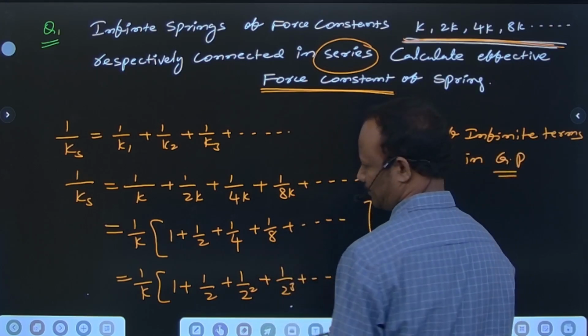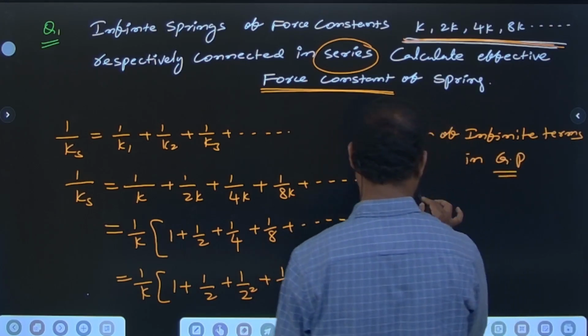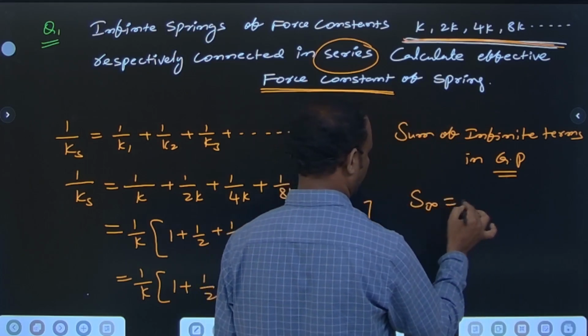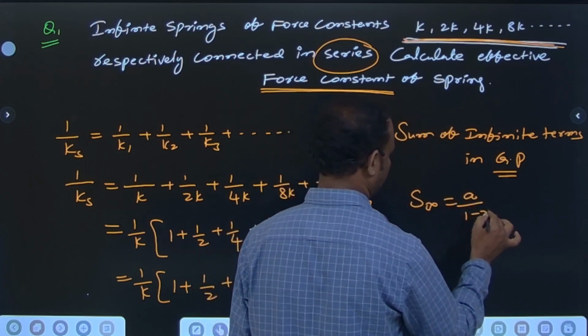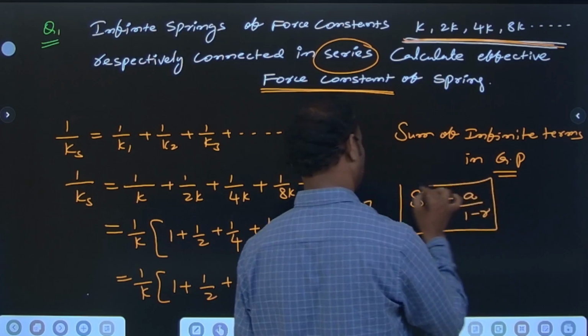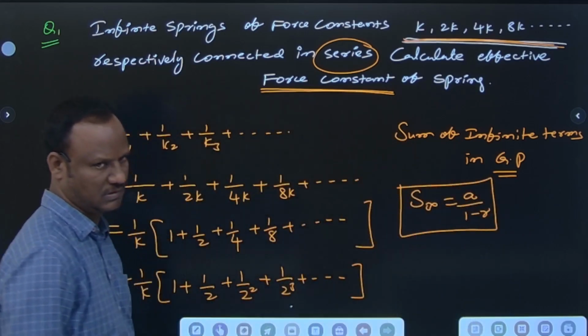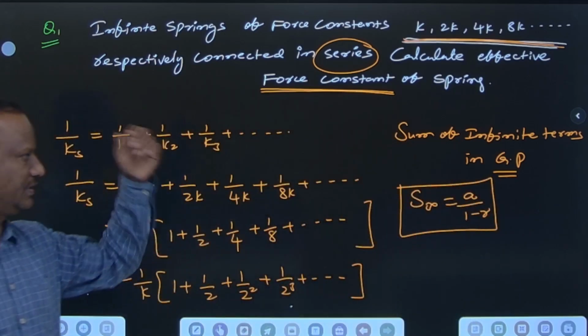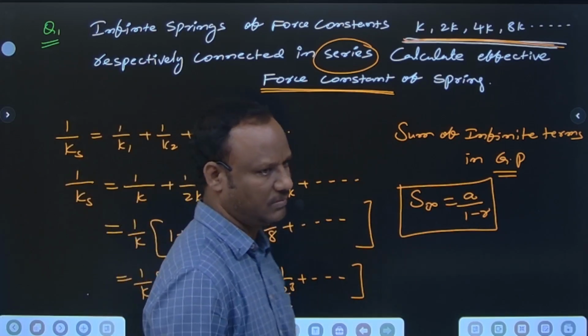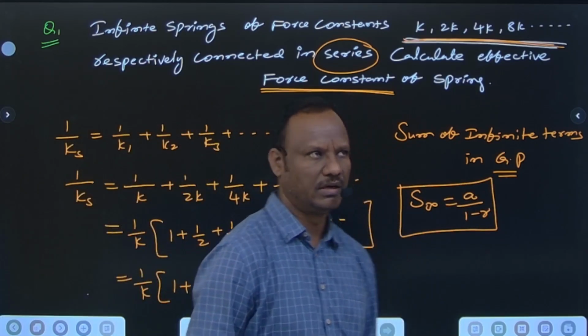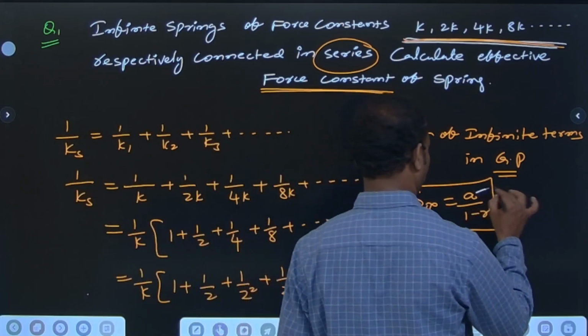What's the condition? Sum of infinite terms S infinity is equal to A by 1 minus R. Now, A is the first term.